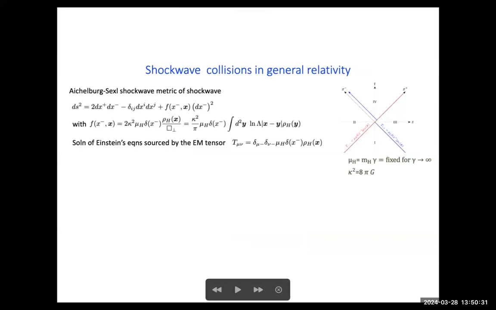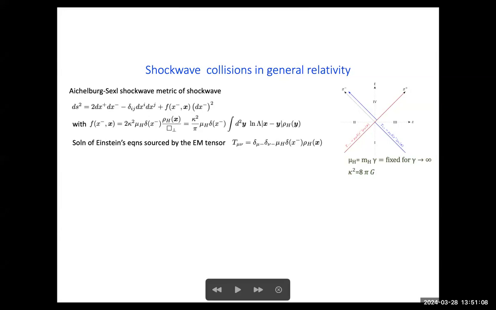And my claim is that you can understand all this physics completely in the language of shockwaves. So just like in QCD, you have this amplitude construction, and you show that you can recover all this in shockwaves. You can do exactly the same thing in gravity, where now you have shockwave collisions in gravity, for which the natural description is this actual metric, where in the metric you have this additional term here, F minus, which is now given at high energies by a term, which is again this density of sources that are colliding.